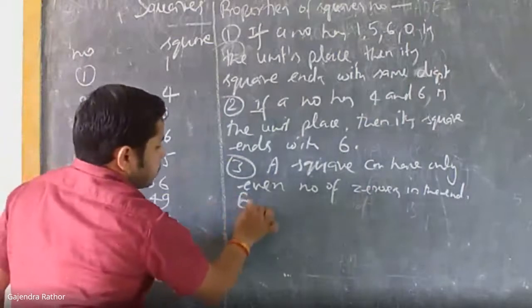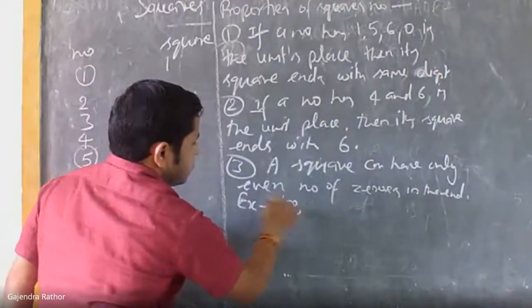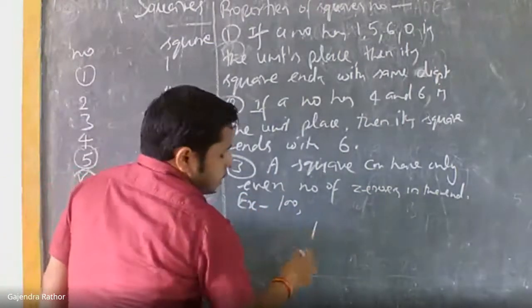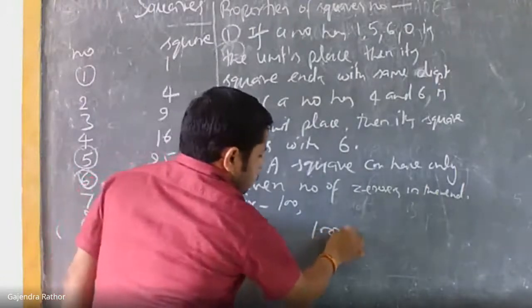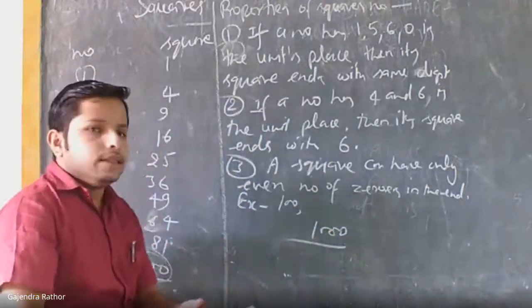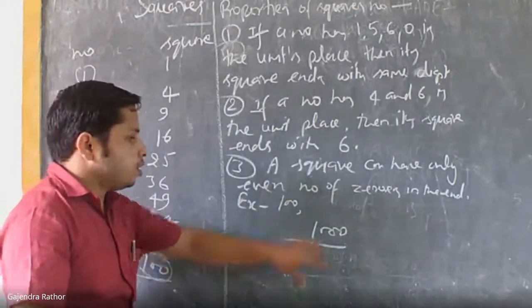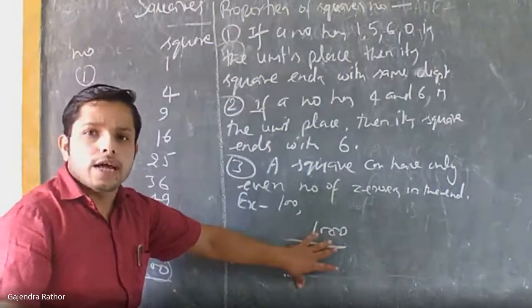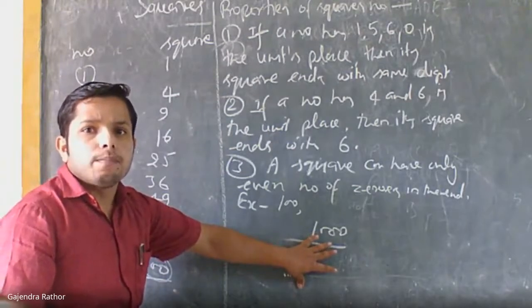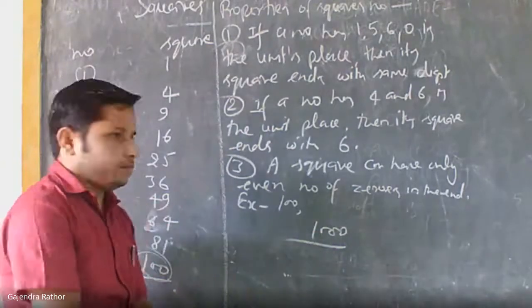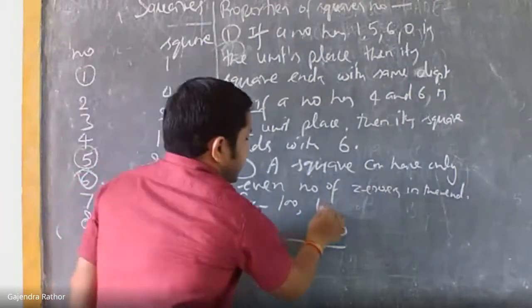We can write some examples. 100. Okay. Take different examples. 1000. In this number 1000, the number of zeros is 3. 3 is an odd number, so that's why this is not a square number. Another example, 10,000.